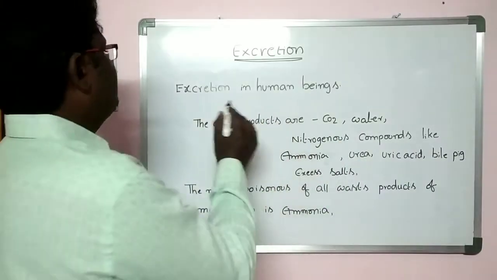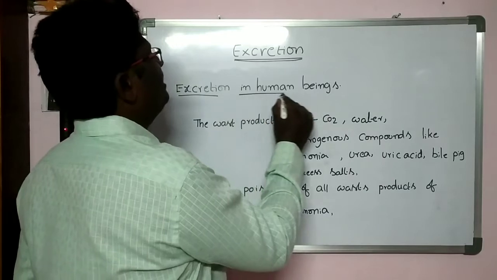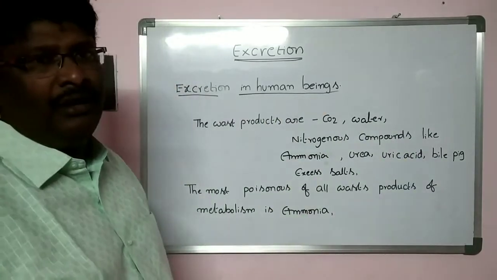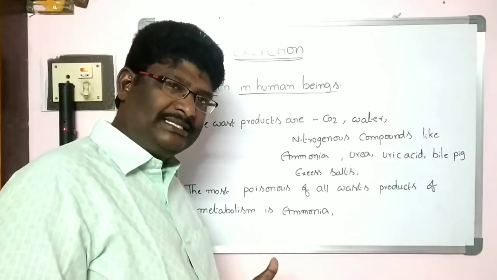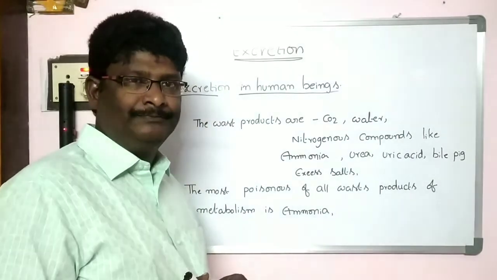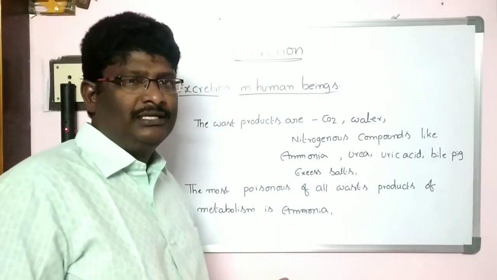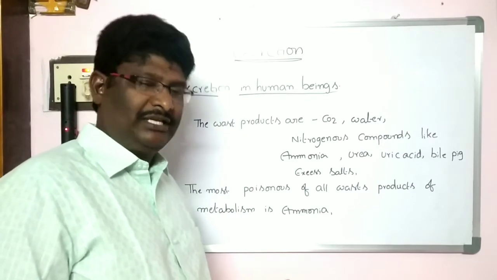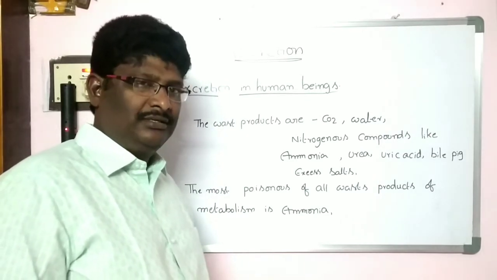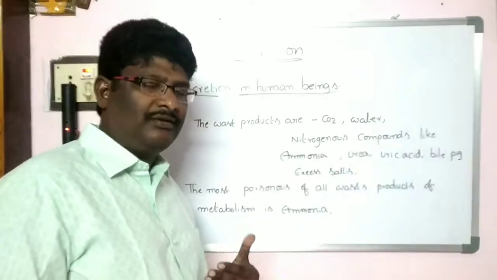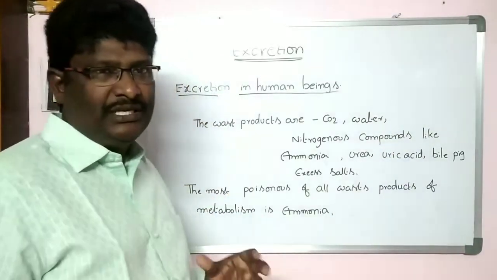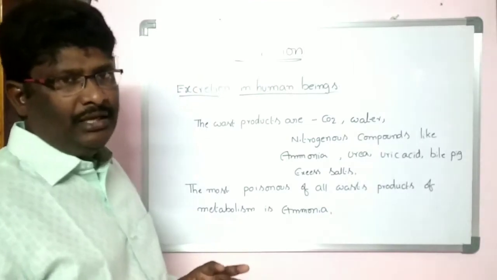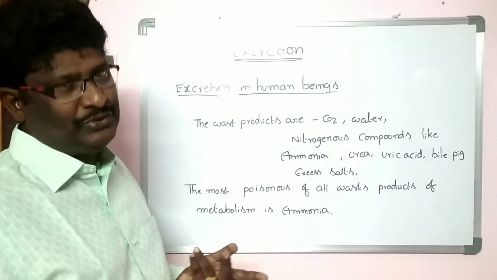Next. Excretion in human beings. Already I told you, when the metabolic activities take place in human beings, like respiration, digestion, circulation, reproduction, these all are called metabolic activities. When these take place in the body, many unwanted substances are produced.